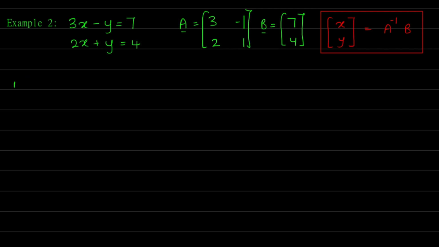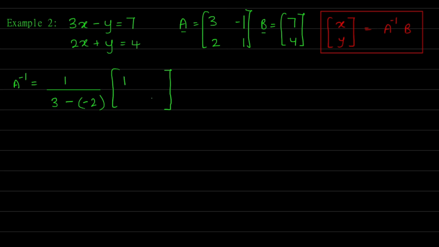So the inverse of matrix A is equal to 1 over the determinant, which is equal to 3 into 1, which is equal to 3, minus 2 into minus 1, which is equal to minus 2. And then we have the rearranged matrix. We swap this diagonal.